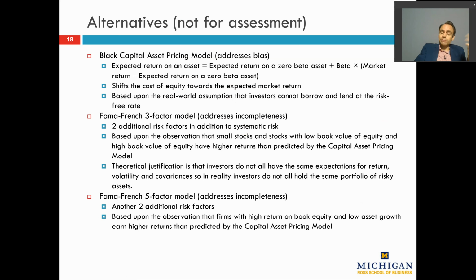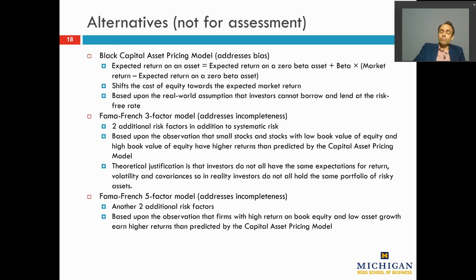They have a specific factor called robust minus weak profitability. The low asset growth proxy, their specific risk factor they refer to, is conservative minus aggressive investments. Their analysis suggests that firms that have robust profitability and that make conservative investment choices are actually reasonably risky firms and therefore earn relatively high returns.